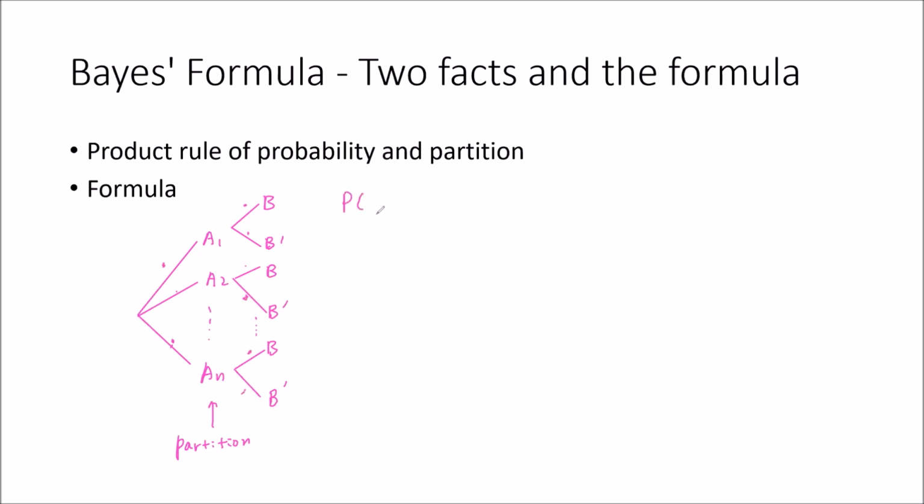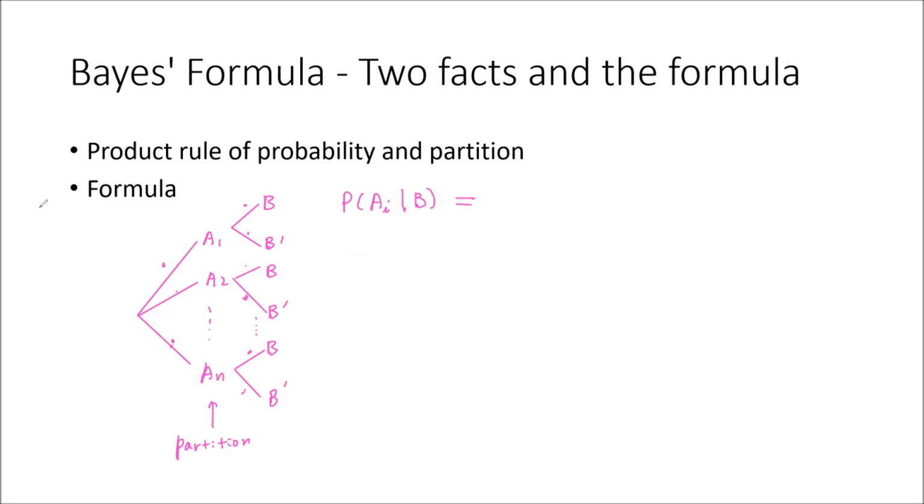And then we're looking for the probability of some A_i, maybe A1 or A_i, i could be from 1 to n, given B. Again, this type of probability is called a posterior probability. Knowing something in the second part of the tree, we try to figure out the probability of something happening in the first part of the tree, the posterior probability.